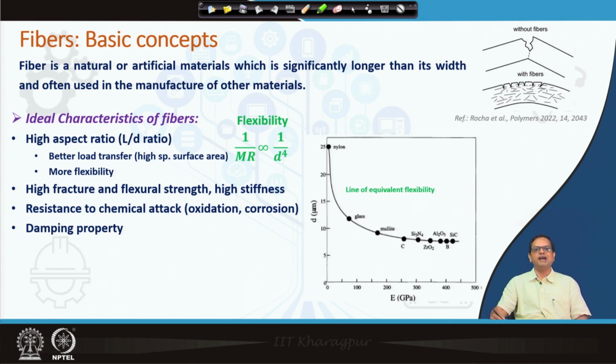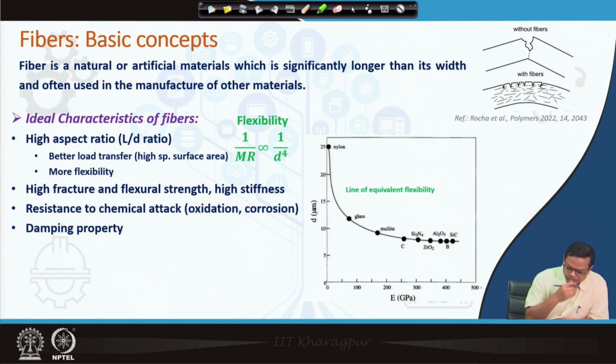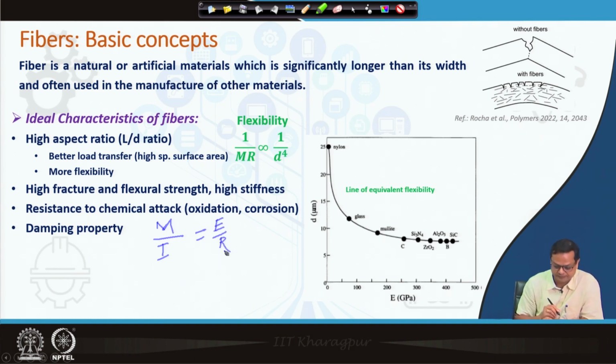The second one is having higher flexibility. Now, from the theory of beam bending, we all know that M over I equals E over R, where M is the bending moment, I is the moment of inertia, E is the modulus, and R is the radius of curvature.